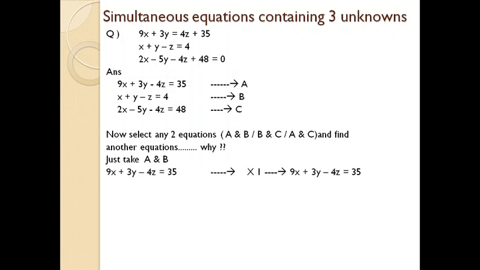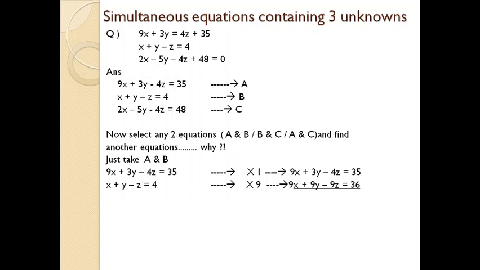For the first equation, 9x + 3y - 4z = 35, just multiply by 1, it's implied. Otherwise, it doesn't have any effect on the problem solving.